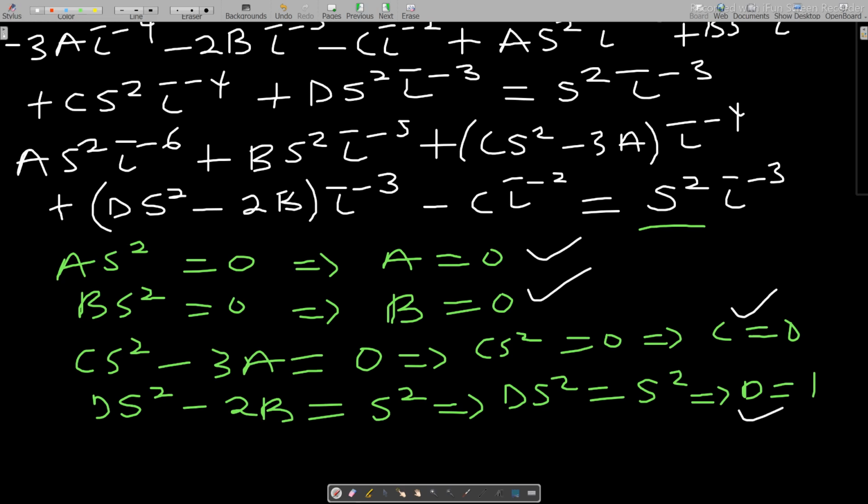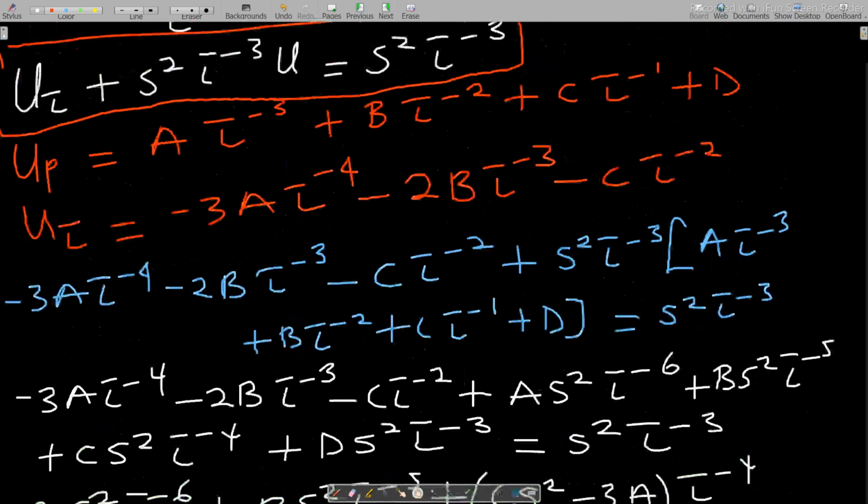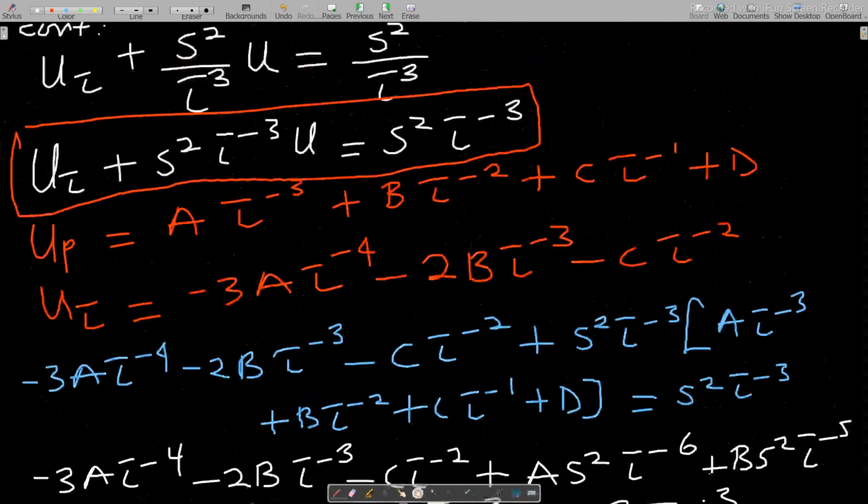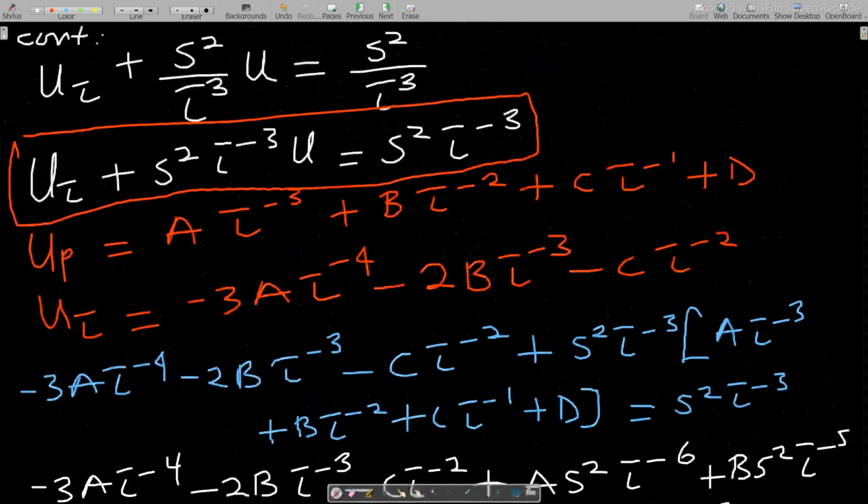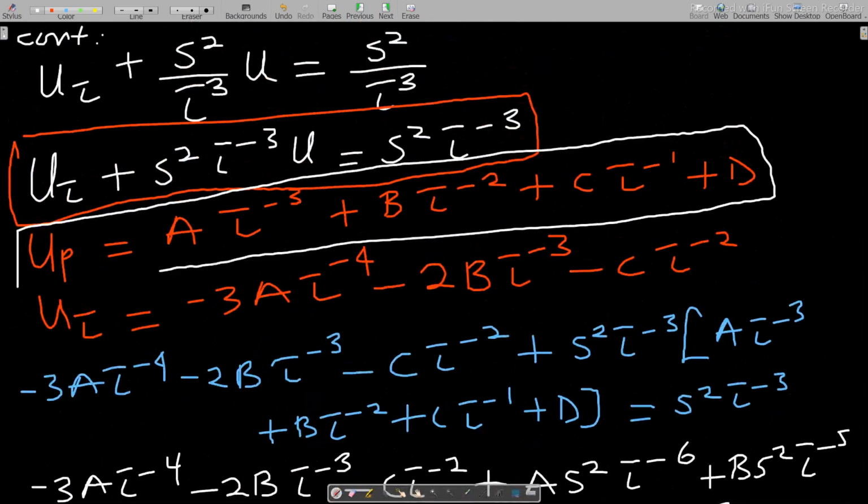So once we know that a is 0, b is 0, c is 0, and d is 1, I just go back to where I wrote the particular solution, the solution we are suggesting. But a is 0, b is 0, c is 0, only d is 1. So putting them back in, my u particular, the particular solution here, is 1.